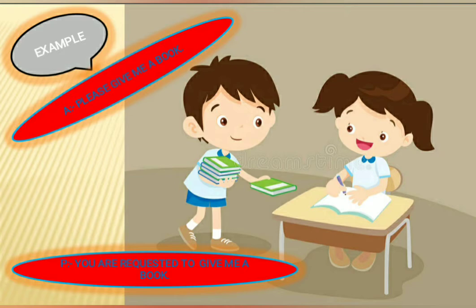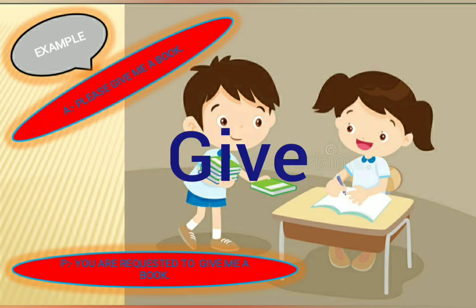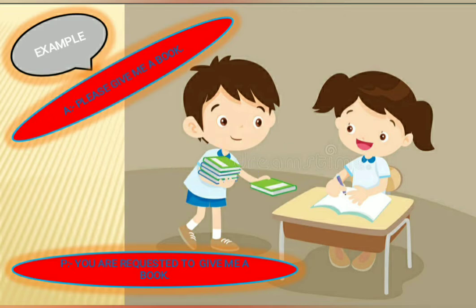And what is the first form of the verb here? Give. So you will add give me a book after you are requested to. In this way, what is your passive voice? You are requested to give me a book.